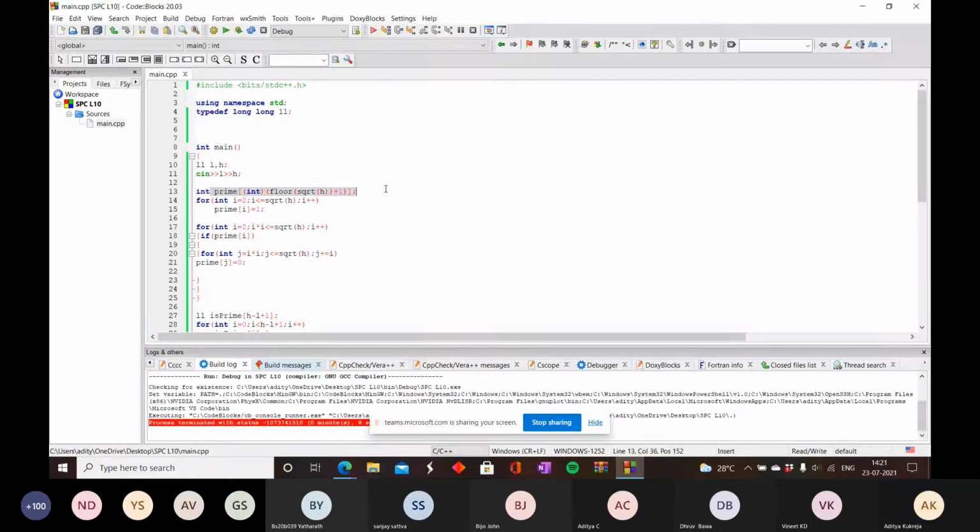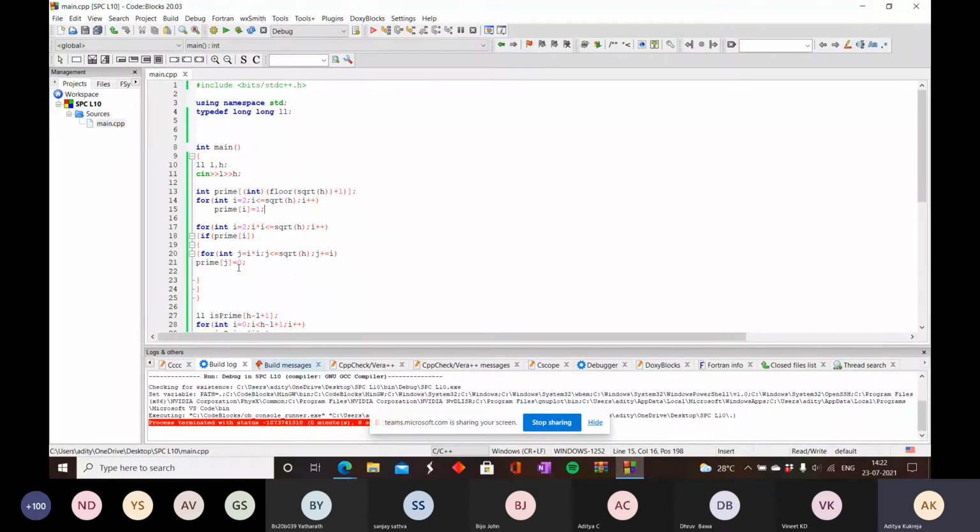And for int I equal to 2, I less than or equal to square root of h, I plus plus, prime of I, you're initializing it as 1, and I into I less than or equal to h, I plus plus. If prime of I, then prime of j is equal to 0.